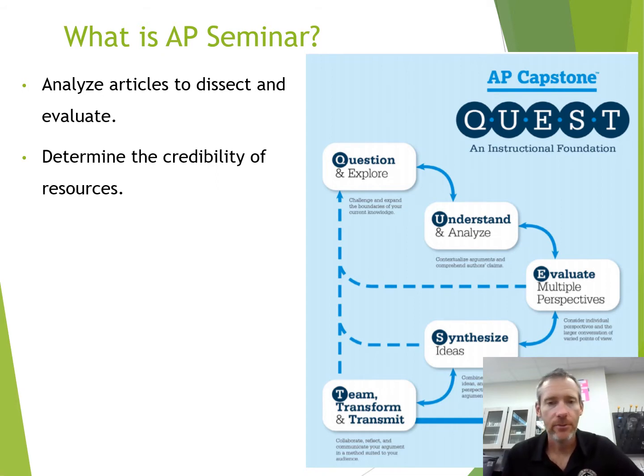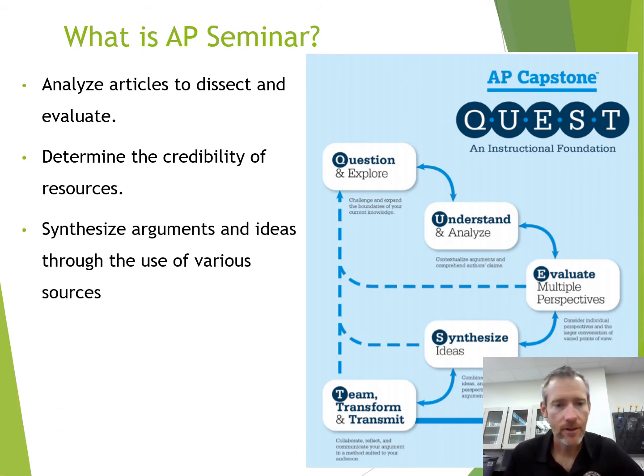So they have to dig deeper into the person saying the claim or the evidence they're using. From their own research, they're going to synthesize arguments and ideas through different sources. They have to research various sources, come up with some claim or argument, and then use those sources as evidence to help back up their claim.